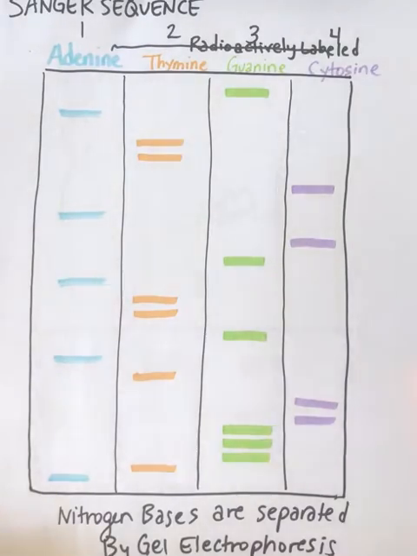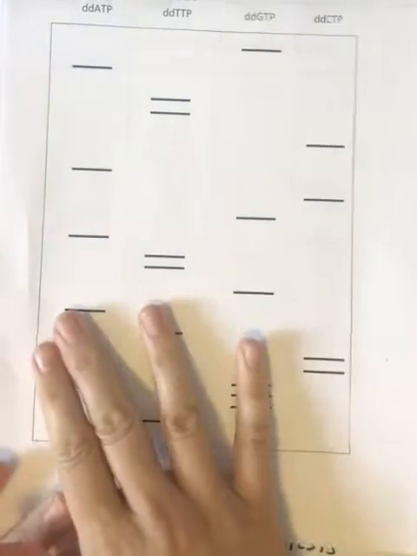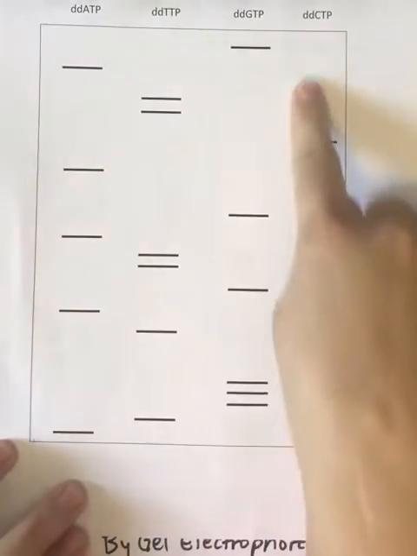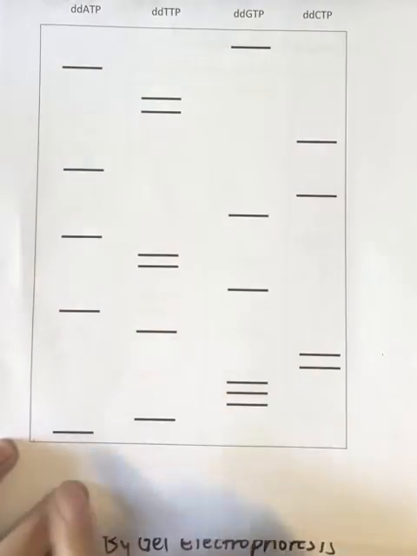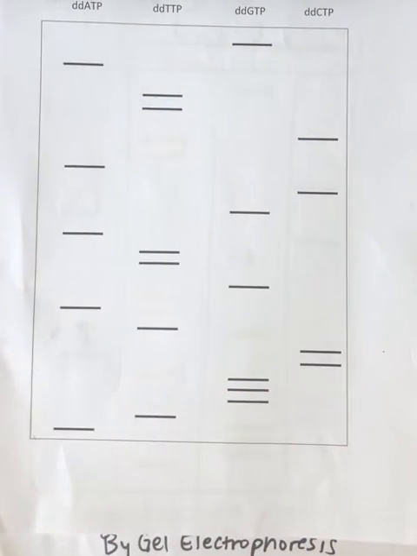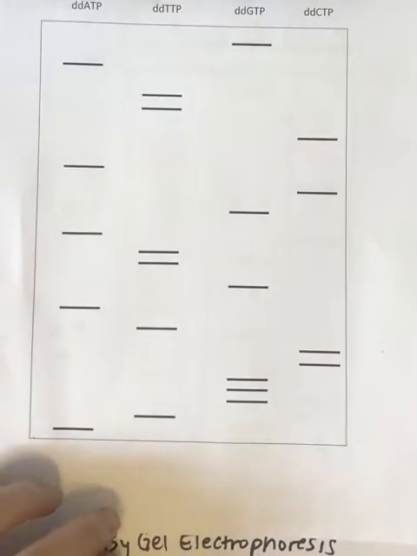And when you process it, you end up with a picture that looks like this. So it's no longer color-coded. This would be basically the X-ray. It's been exposed. So at the top, you see the 4 chemical reactions, you see the 4 columns, and this is the Sanger sequence.